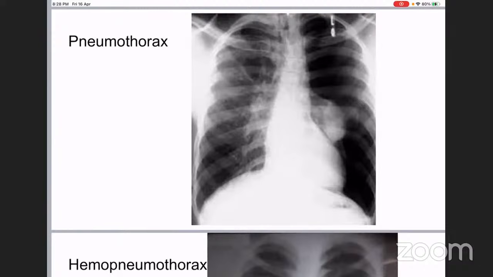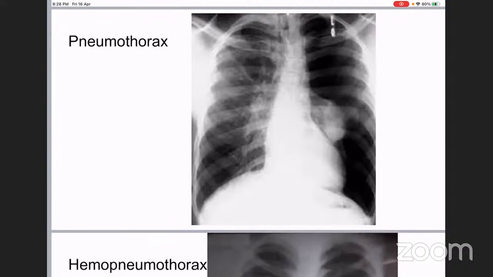What else do you see? In the hyperlucent area, do you see any bronchovascular markings? No, ma'am. That is another very important thing that you have to keep in mind. In a pneumothorax, the hyperlucent field will not show any bronchovascular markings because there is no lung tissue there. What else do you see in this radiograph in addition to a hyperlucent left field? Can you see something near the hilum?